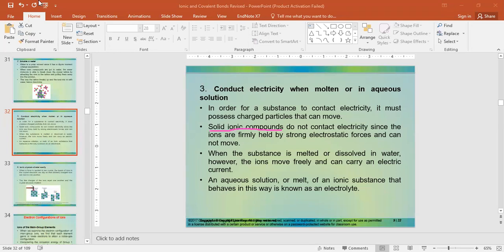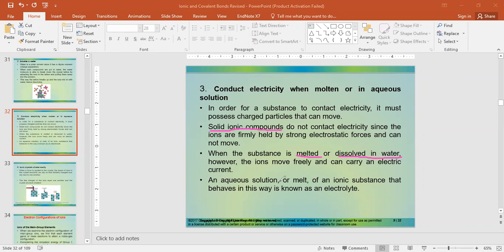But when we melt them, when they are either molten or dissolved in water, the charged particles now become mobile in the sense that they can move from one place to another, and in the process, they can conduct an electric current. So they can conduct electricity in the solution.